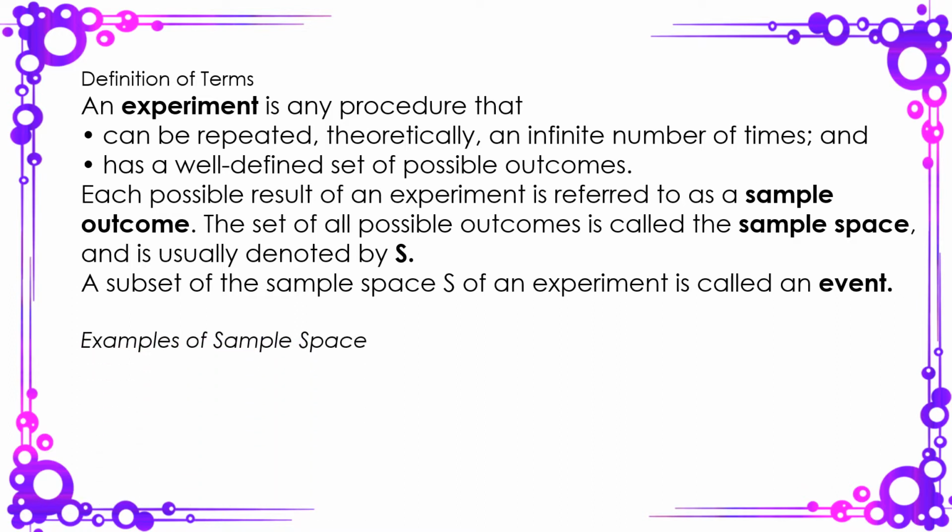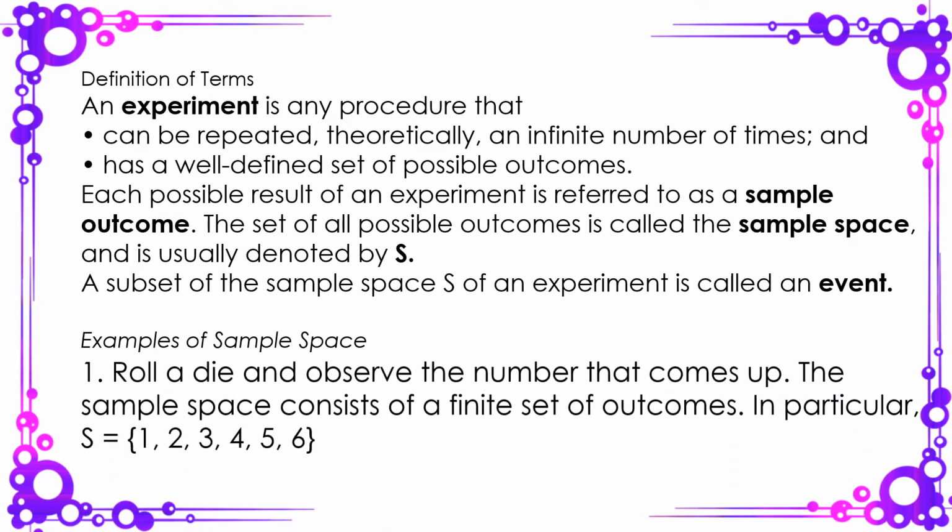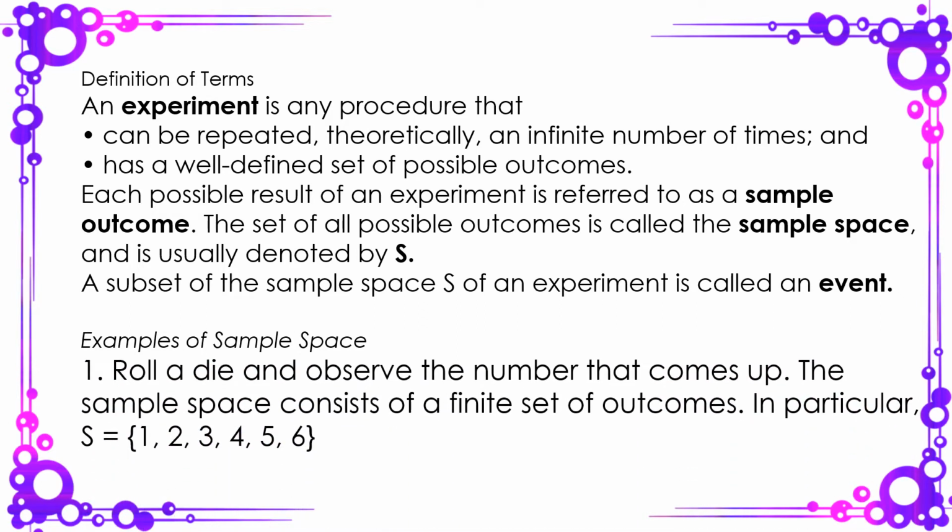So here are the examples of sample space. Number 1. Roll a die and observe the number that comes up. The sample space consists of a finite set of outcomes. In particular, S is equal to {1, 2, 3, 4, 5, 6}.